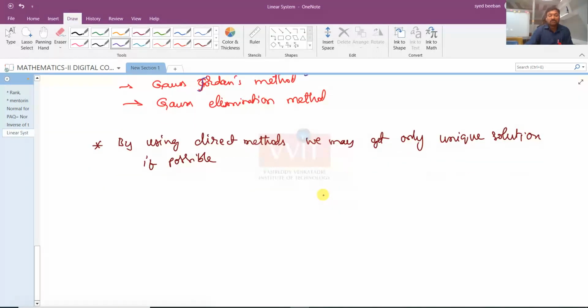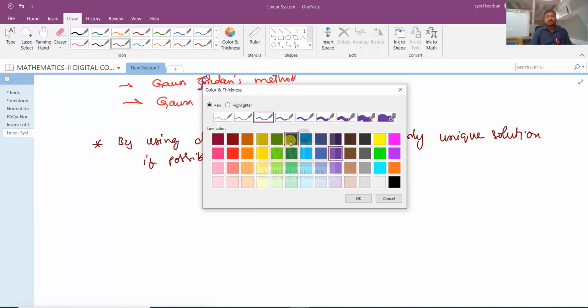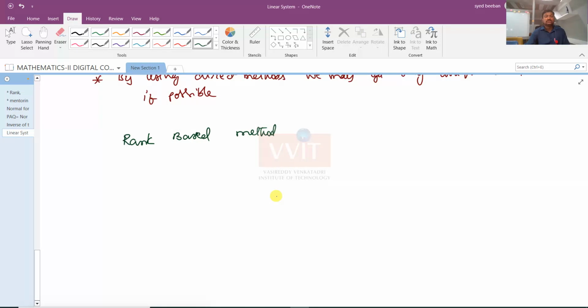Now the major drawback of this one is, at most we can compute a unique solution, but not infinitely many solutions. To overcome that, I am moving to the rank based methods.